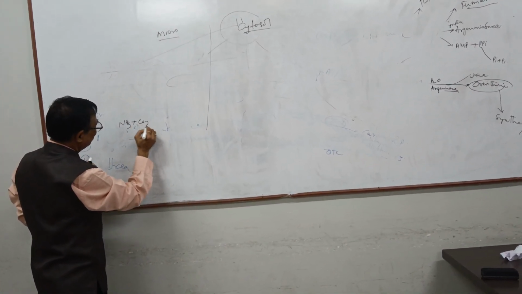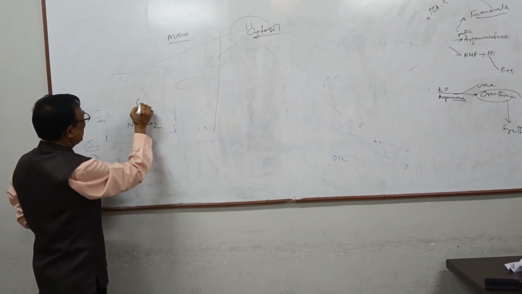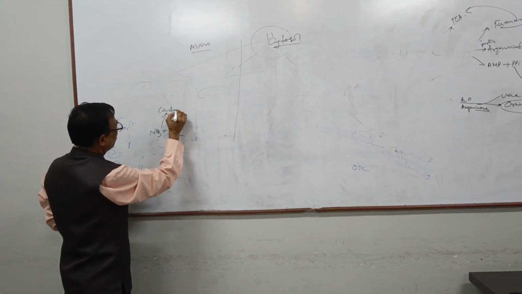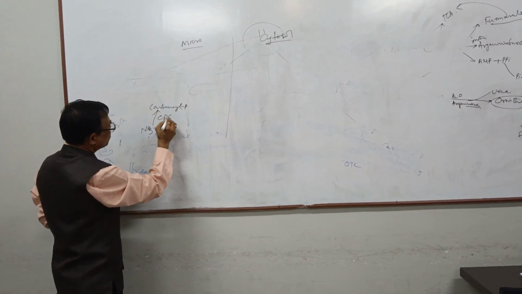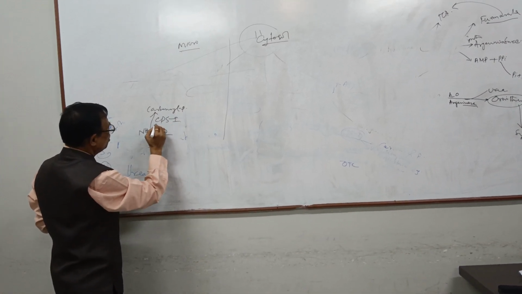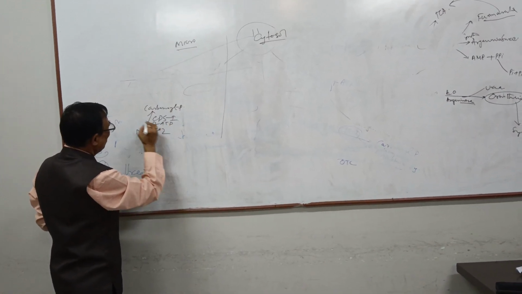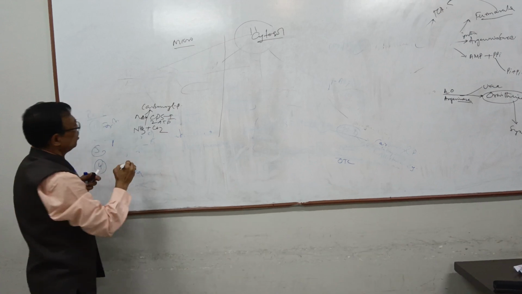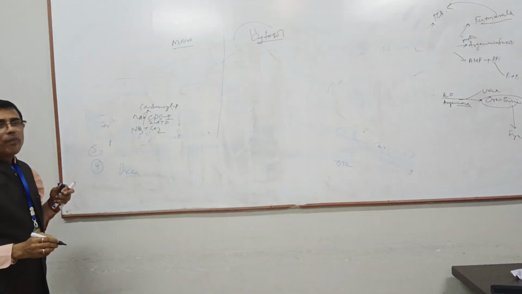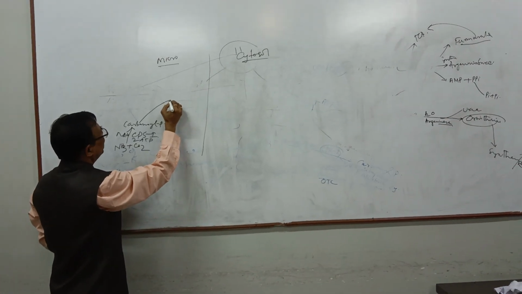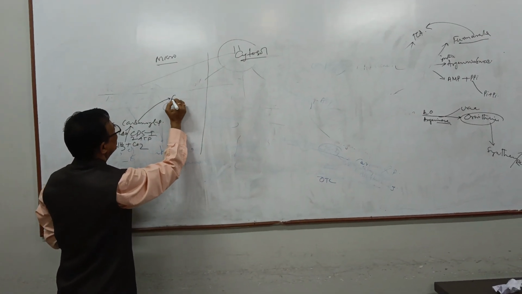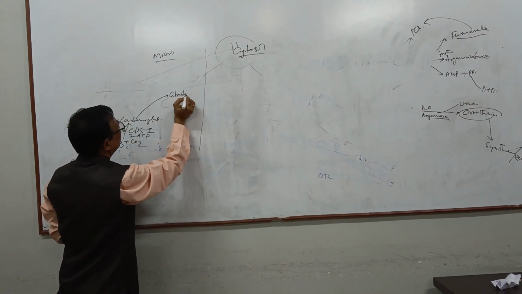What do you call it? Carbamoyl phosphate, by CPS 1, plus 2 molecules of ATP. Carbamoyl phosphate will form. Then it will be converted into citrulline.